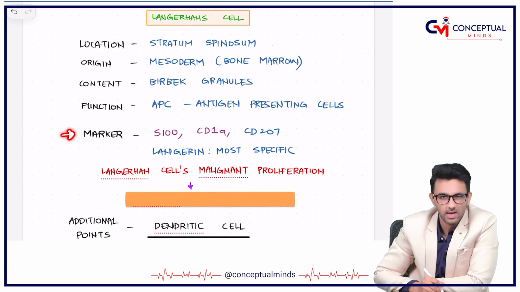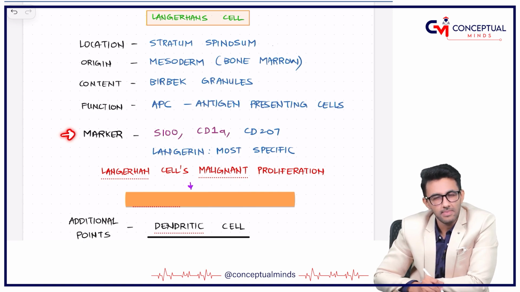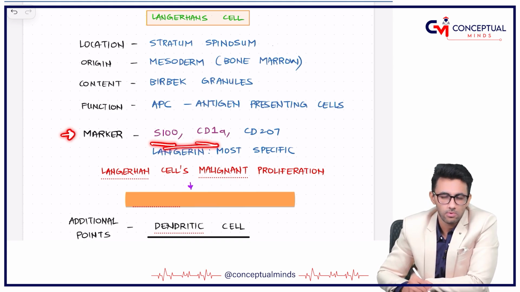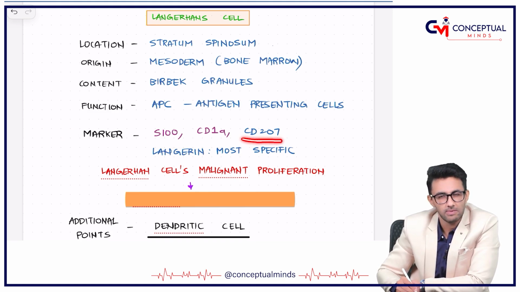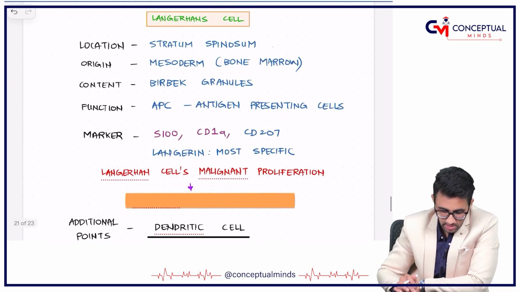So why should we do markers for APCs? If we can pick up a malignancy, we can have a positive diagnosis if we find these. The two markers are S100 and CD1a. These two are the most important ones, and CD207 marker for the Langerhans cell. Why should we know it?